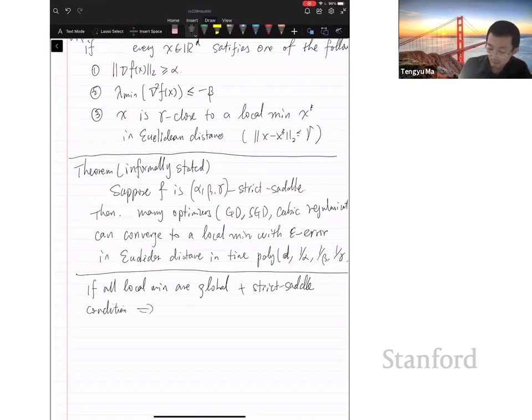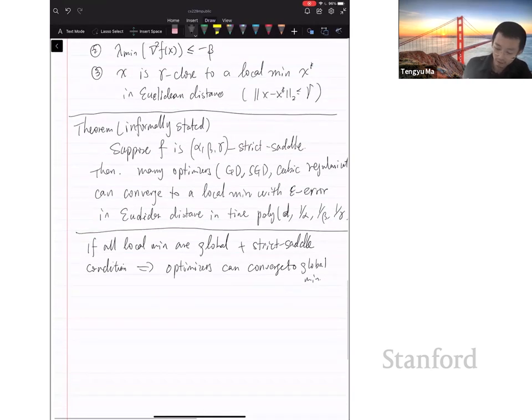Then this means that the optimizers can converge to global mean. Right. So here is a theorem that formalizes this.